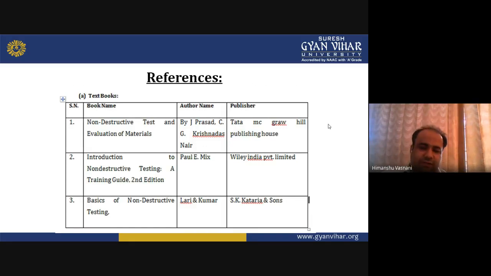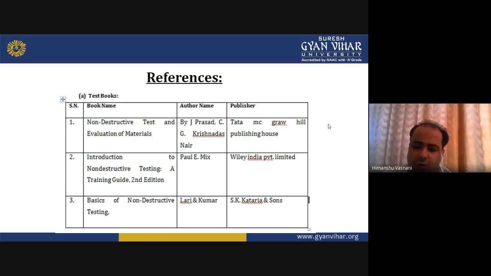So these are the references which you can study and see for reference, and these are good books, and they are listed only for your benefit. If you want to get some more knowledge, then read these books and get the benefit.